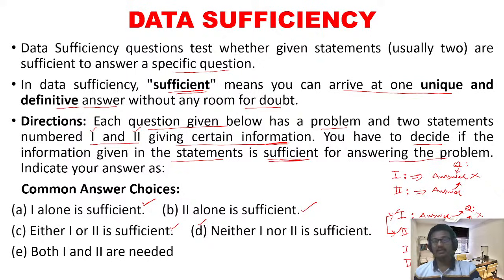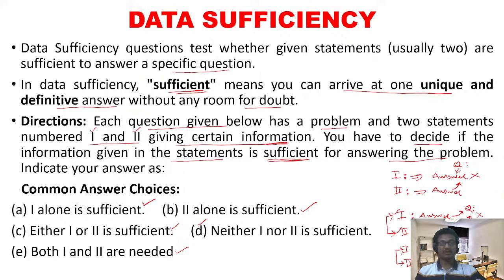Combinedly from 1 and 2, you can derive the answer for the given question. With a single statement alone you cannot derive it; you can derive only some x percentage of the answer. The remaining missing percentage you can get from the second statement. So both combinedly provide you the answer. In such case, you should select both 1 and 2 are needed.